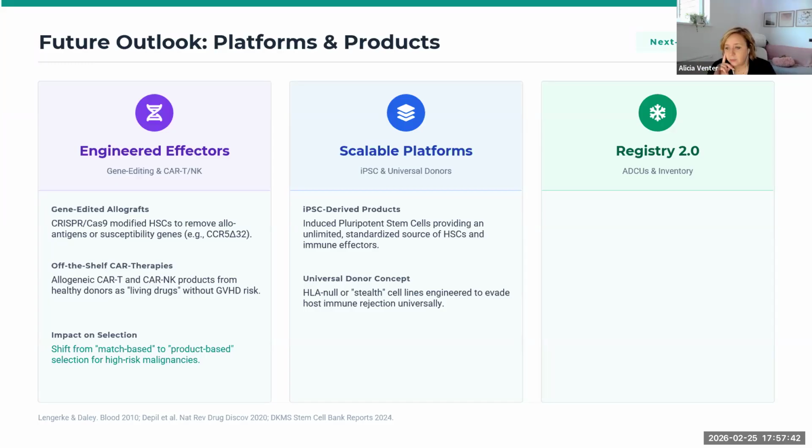Then there's also the scalable platforms, the iPSC banks made from induced pluripotent stem cells, where they make the HLA null, so they strip off the antigens and have these stealth lines that are engineered. And in that sense, you can expect a shift from donor identification to more of a pharmaceutical manufacturing model.